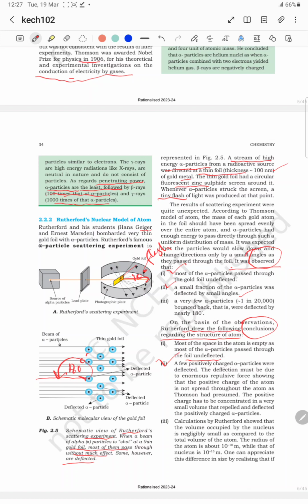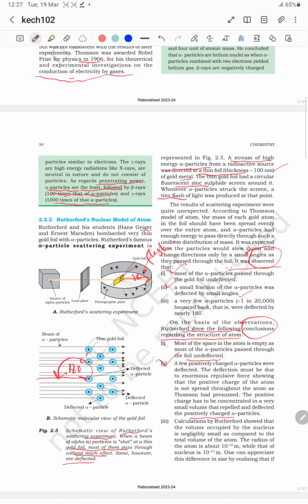A few positively charged alpha particles were deflected. The deflection must be due to the enormous repulsive force, showing that the positive charge of the atom is not spread throughout the atom as Thomson had presumed. The positive charge has to be concentrated in a very small volume that repelled and deflected the positive charged alpha particles.